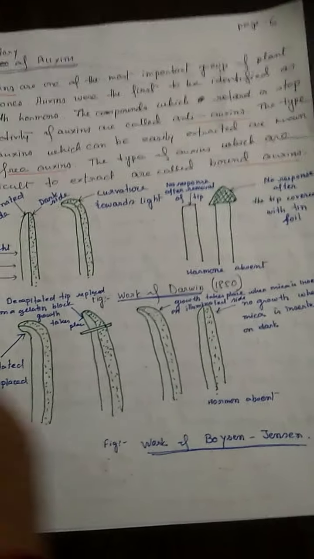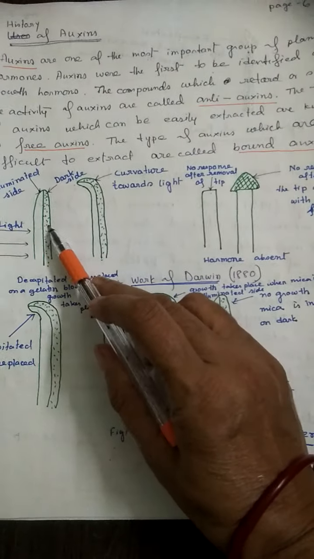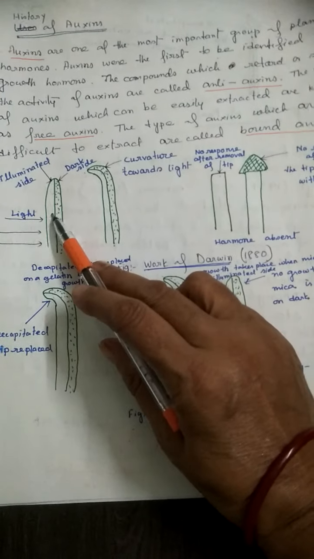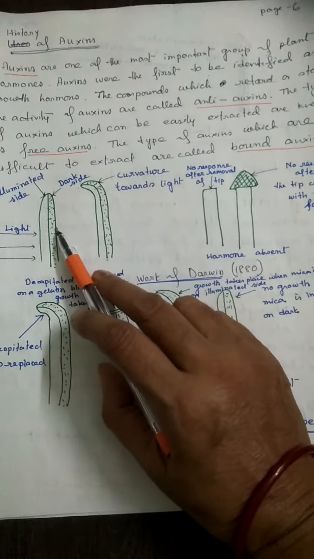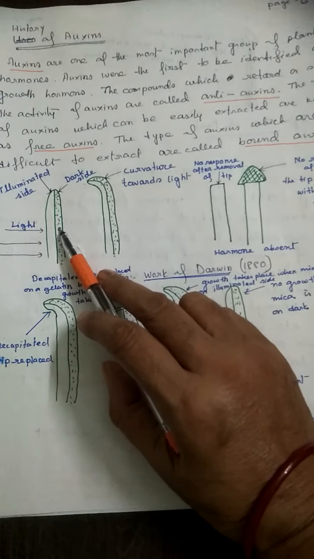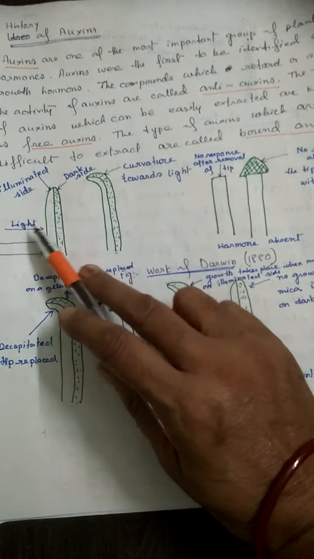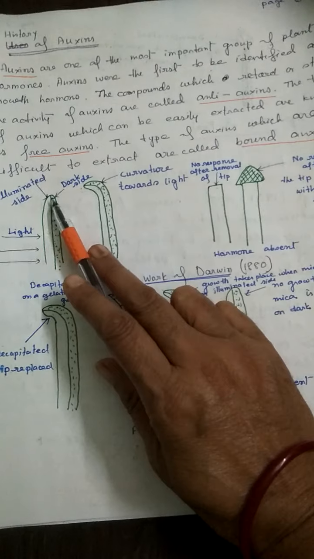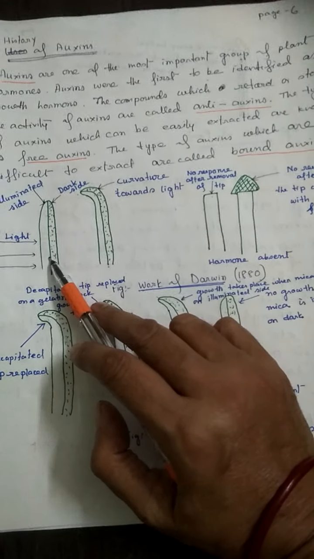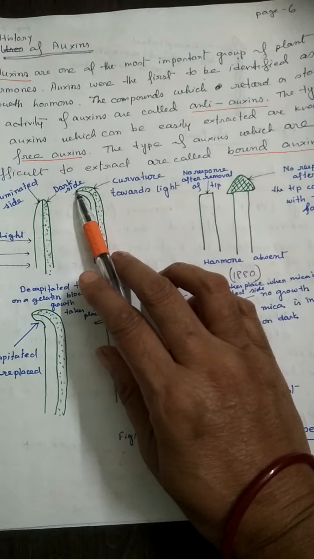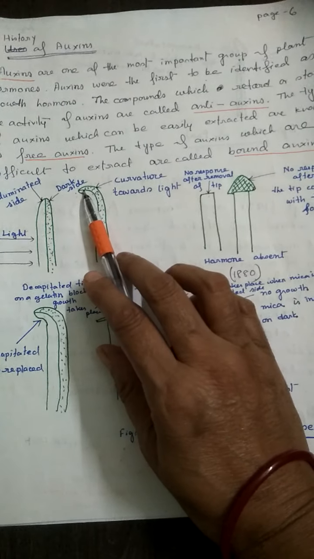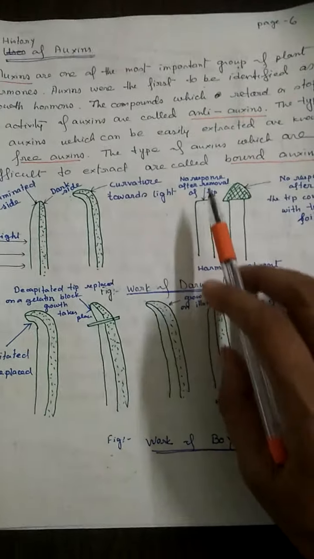Now in this coleoptile, one part is lighted, the illuminated side, and the opposite side is the dark part. It was found that when light falls on one side of the coleoptile, bending towards light takes place; curvature or bending occurs.